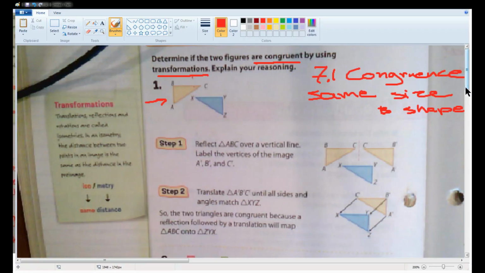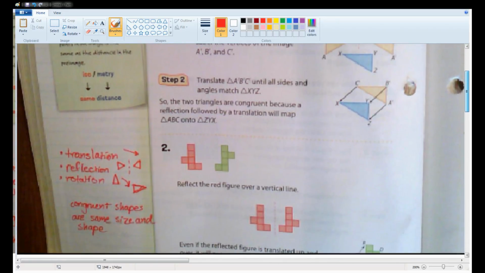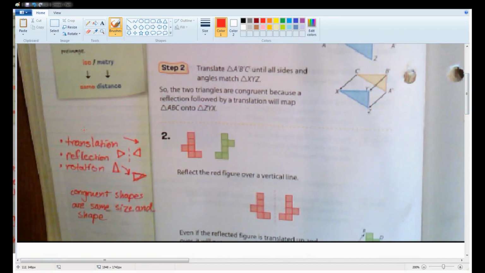Now, so far, we've learned about three different transformations. Let me scroll down here. We have translation, reflection, and rotation. Remember, translation means sliding a shape or image on the screen. So if I had a circle and I just move that circle to a new spot and it's the exact same size and shape, that would be translation.